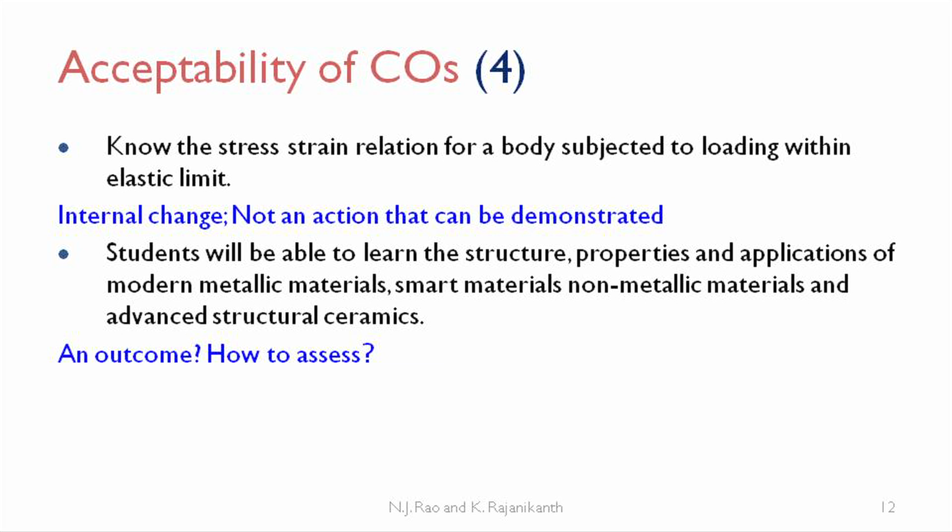The statement is saying students will be able to learn. That again is essentially an activity. It is not what the learners will be able to do. It states students will be able to learn the structure, whereas an outcome statement should indicate what the students will be able to do. Thus, this is again not an outcome statement that is acceptable.